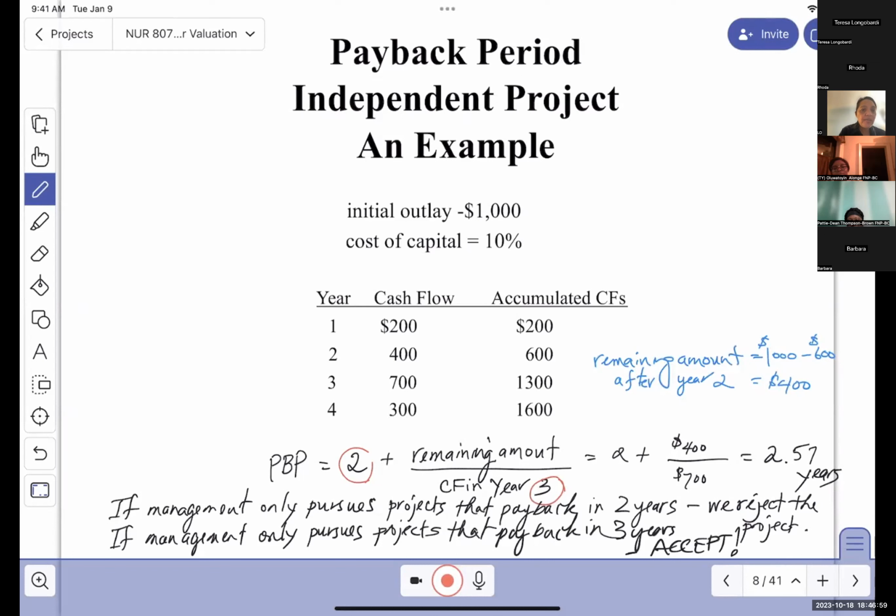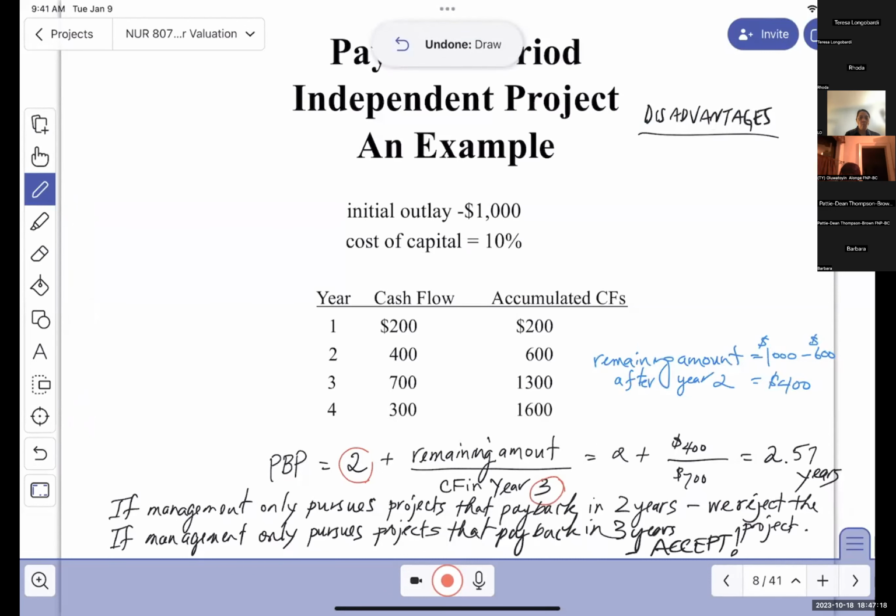So we're going to talk about the disadvantages of this for a moment. The disadvantage is it's too easy. Well, some people think it's easy, but we never did account for the time value of money. So that's a problem.